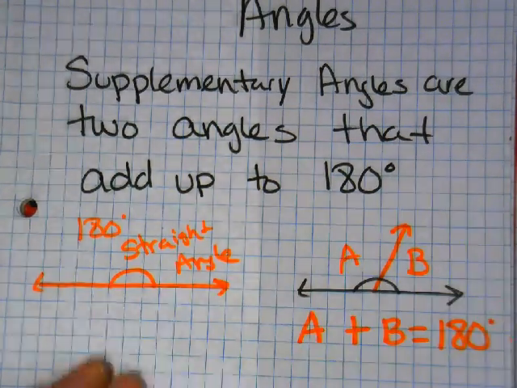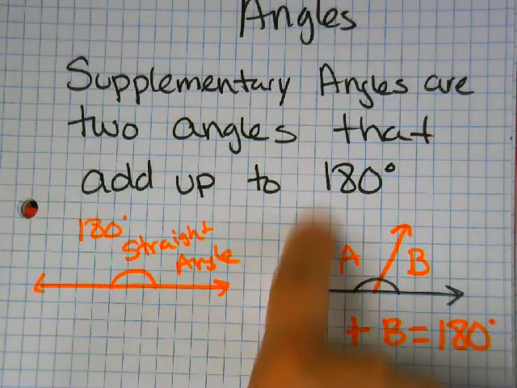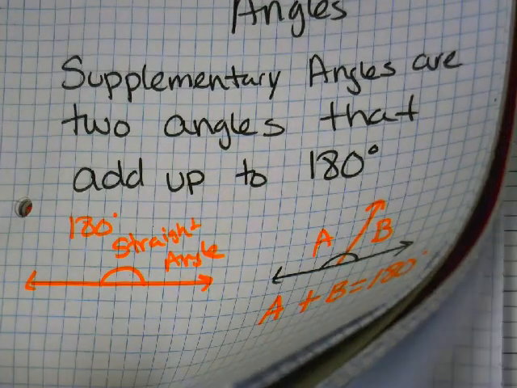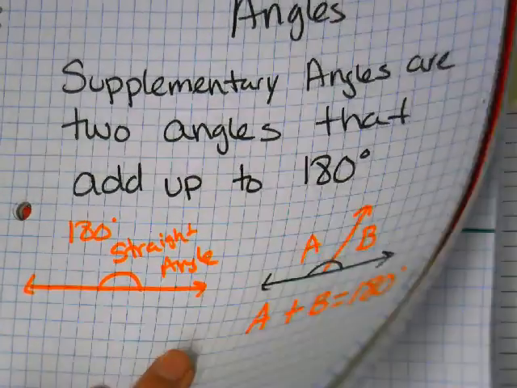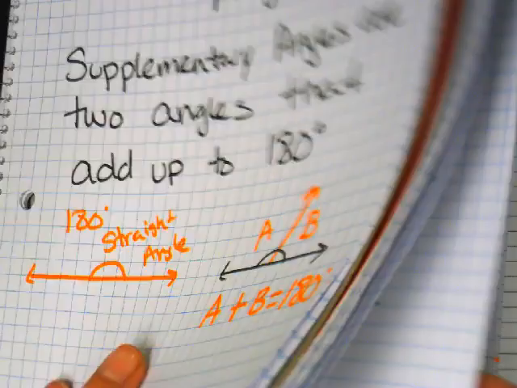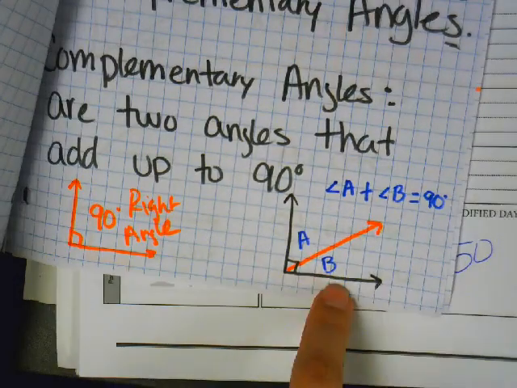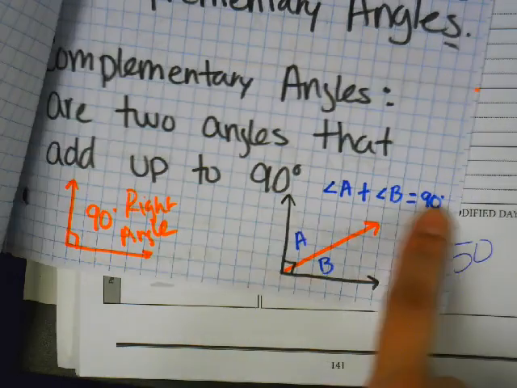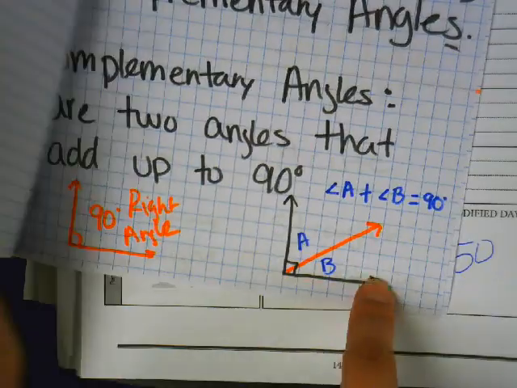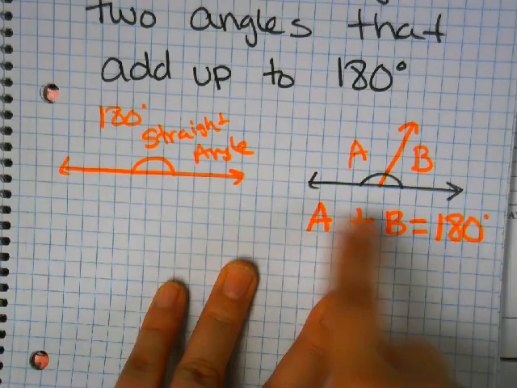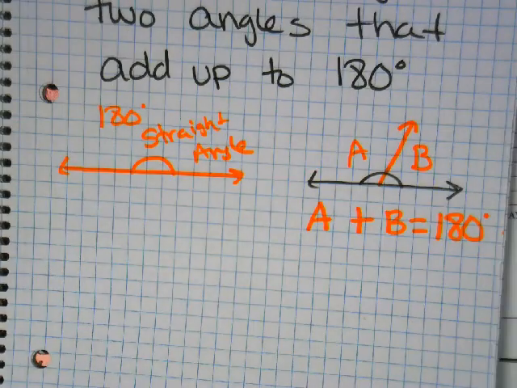Last week it equaled 90 because it looked like a 90-degree angle. This time it looks like 180. Where are my notes from last week? Somewhere. Oh, yeah. See? Last week, A plus B is 90 because it looked like 90 degrees. Now what does it look like? 180. So you can base it on what it looks like.